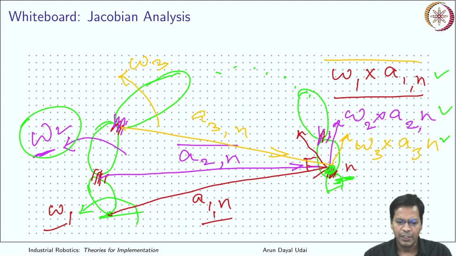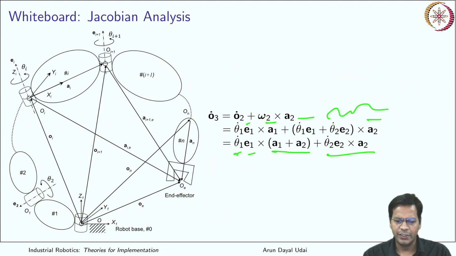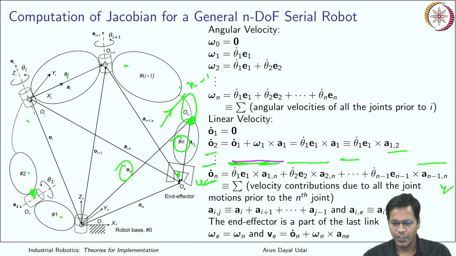All the omegas have a contribution to the velocity which is seen here. So this is what is reflected over here. This is your first term, this is your second term, this is your third term, so on and so forth till the nth term, n minus 1th term. Got it? So all these will have an effect at the end.